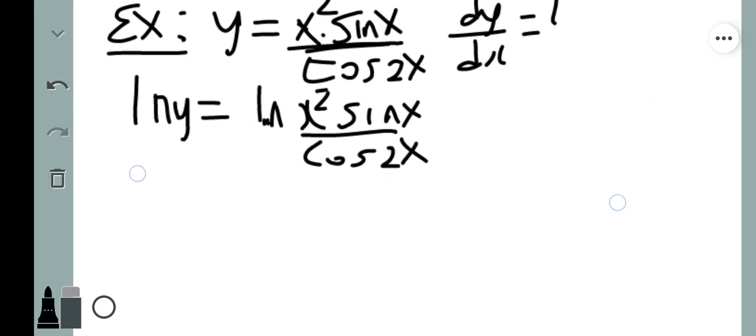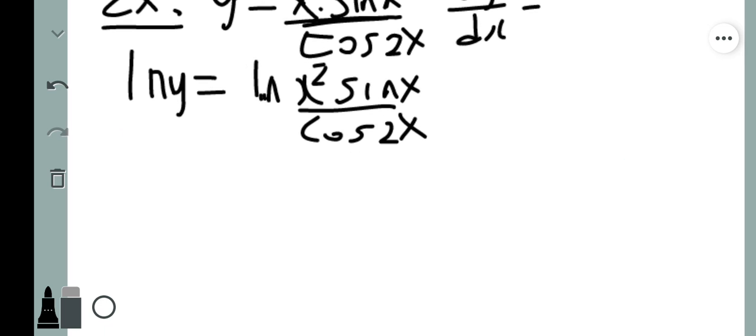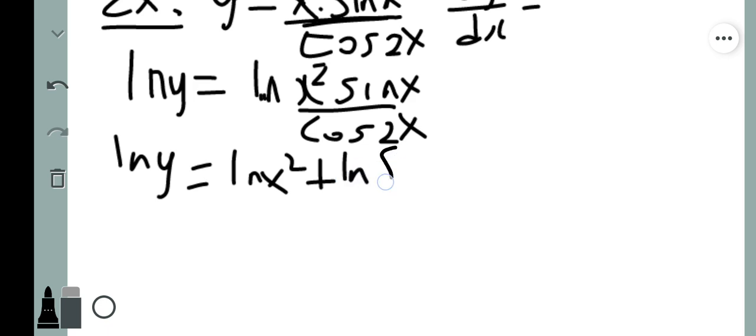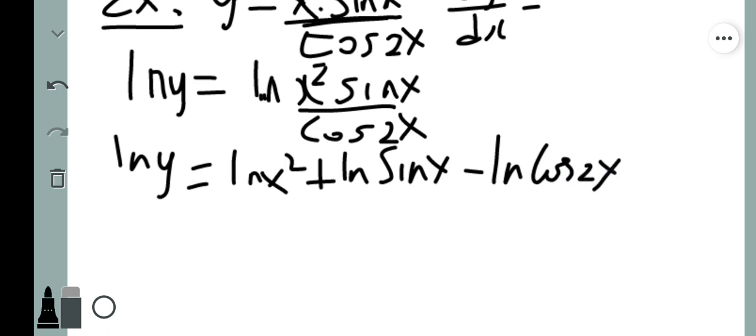Since I apply ln to both sides, this one gives me ln y equals ln x squared plus ln sine x minus ln cos 2x.